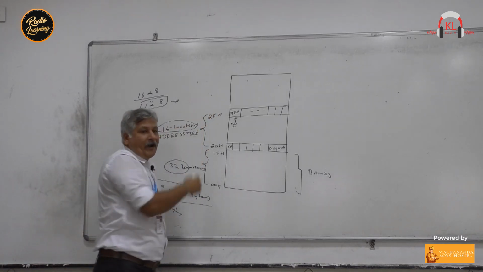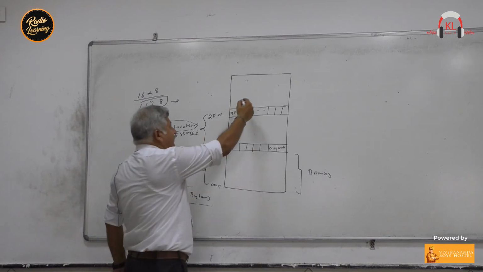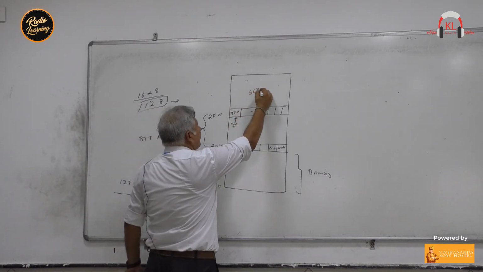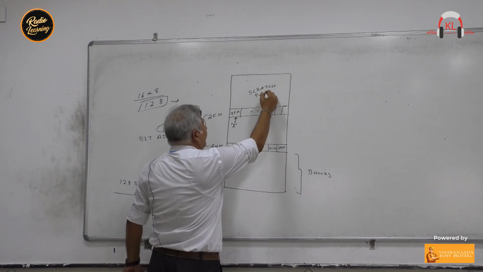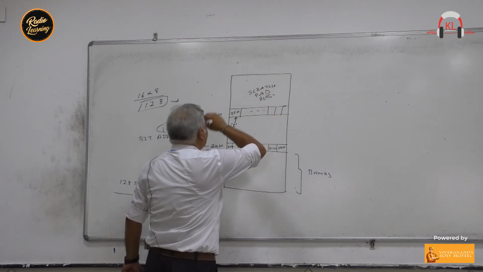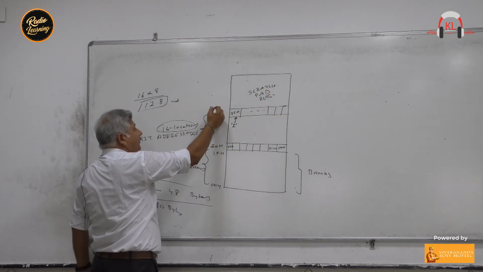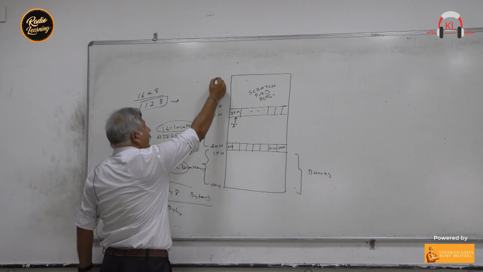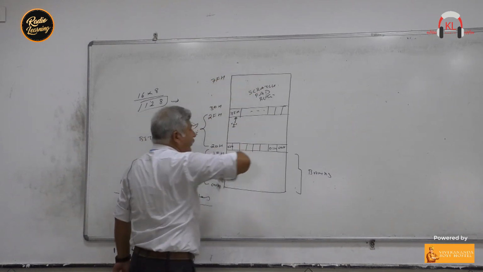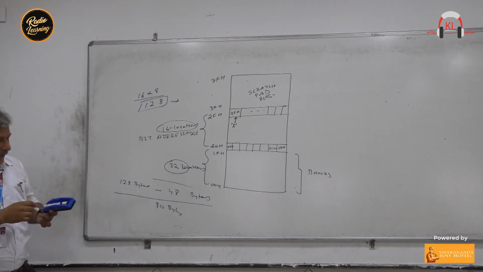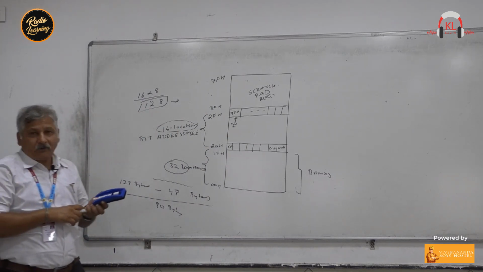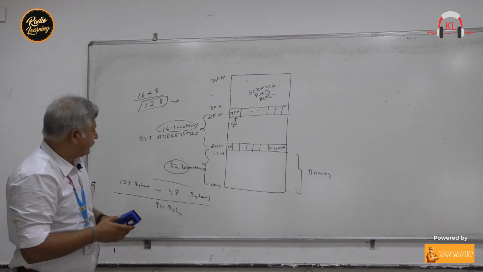Right? So those 80 bytes are called as scratch pad registers. Right? Scratch pad registers, and they are from address 30H to 7FH. So this whole is the architecture of internal RAM of microcontroller 8051.